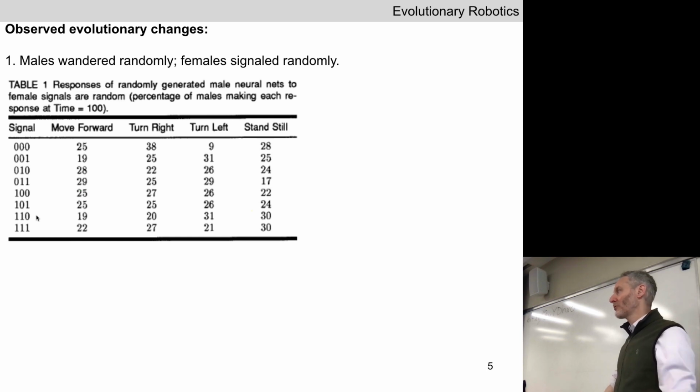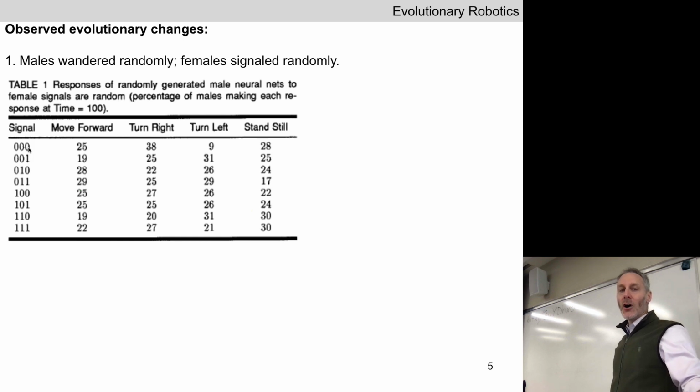There's no reason why the females would emit one song more than the other. Every time a female emitted a song and there was a male nearby, they looked to see what the male did in response to hearing that song. And they looked at that across all 800 males over the 100 time steps.